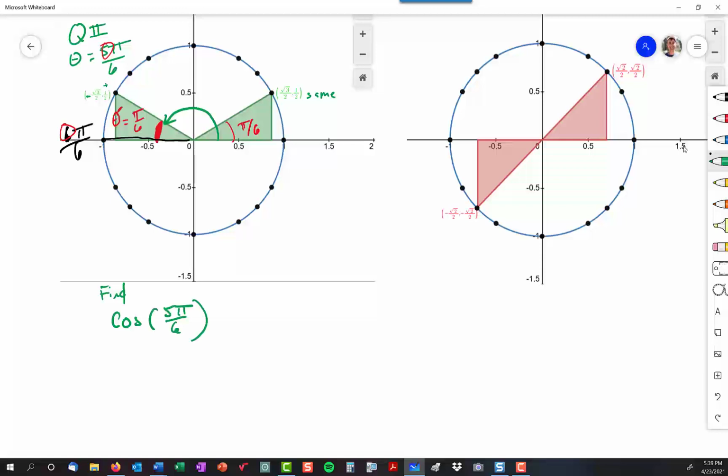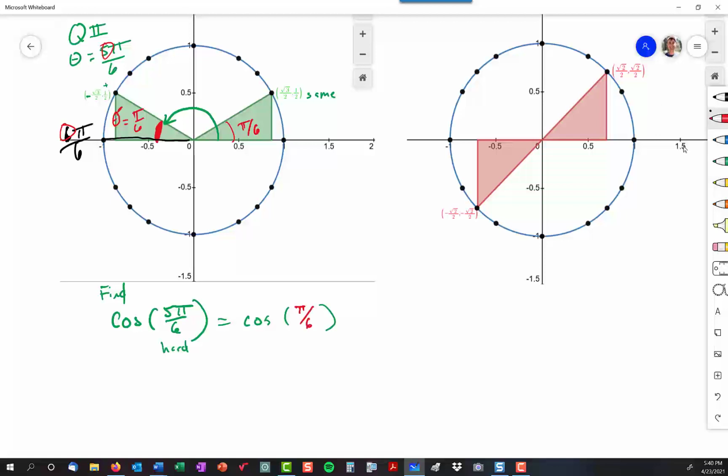Now we've never done that, and we've never memorized it, and we're not going to memorize it. But it is hard. We haven't done this before. But we have the reference angle property, which says, wait, I can convert this hard problem into an easy problem. And the easy problem is use the reference angle instead.